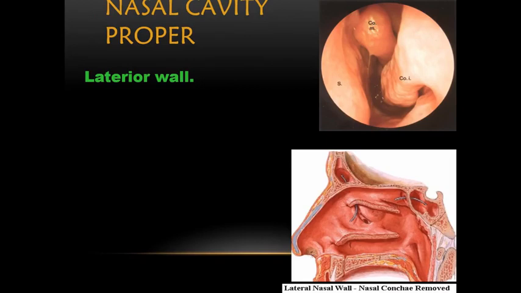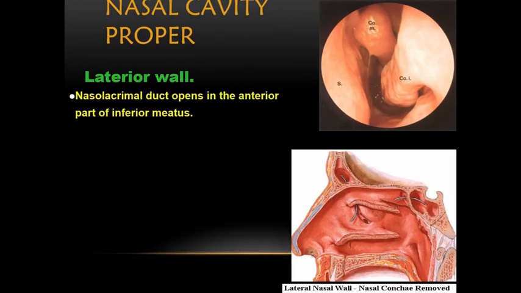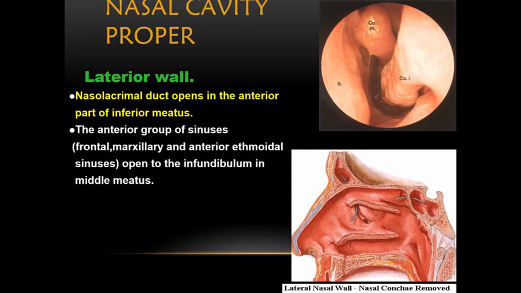So, in the lateral wall, the nasolacrimal duct opens in the anterior part of the inferior meatus. The inferior meatus is below the inferior turbinate. The anterior group of the paranasal sinuses, which are the frontal, maxillary, and the anterior ethmoid sinuses, open into the infundibulum in the middle meatus, below the middle turbinate.